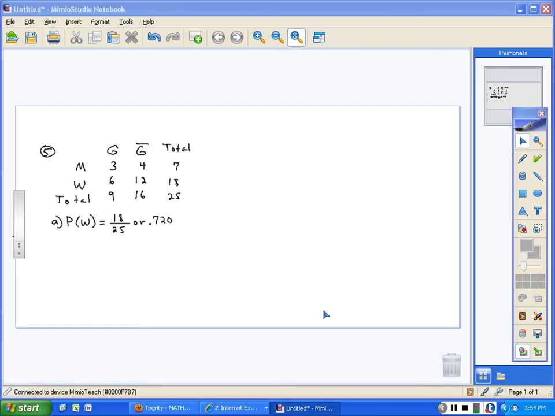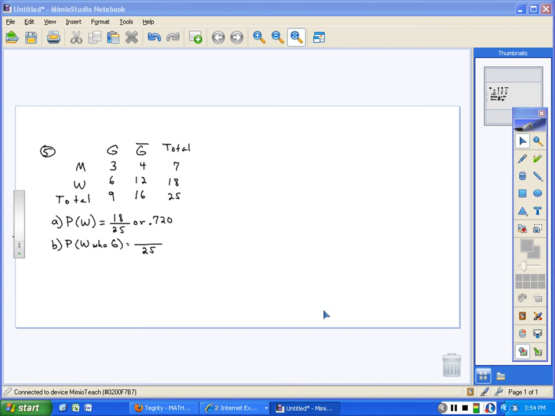Okay. Part B says, if the chairperson is randomly selected, find the probability of getting a woman who graduated from college. The denominator again is the grand total of 25, but we don't want all women this time.